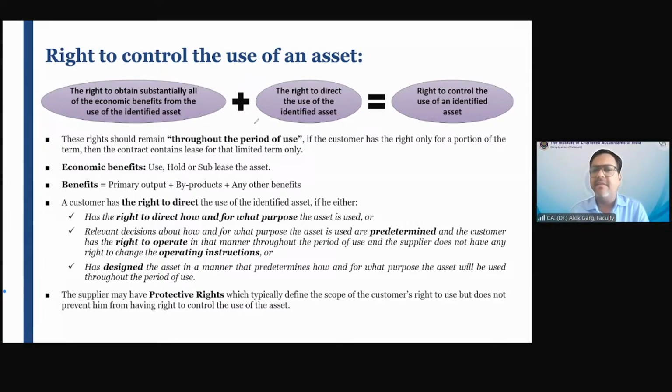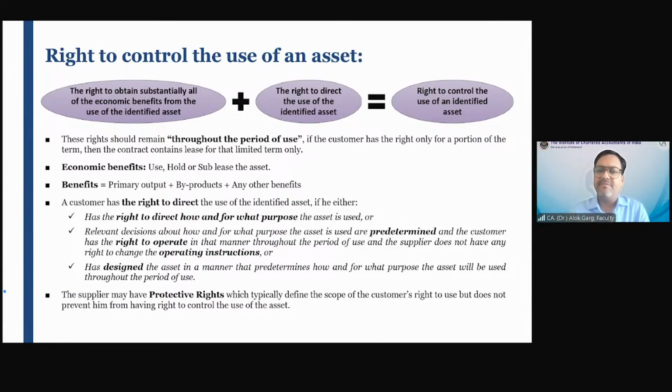Of course, the lessee. The lessee is paying a rent, so the lessee will enjoy the rooms, use the washroom, the kitchen, the balcony. So the lessee is enjoying the benefits from the use of the identified asset.